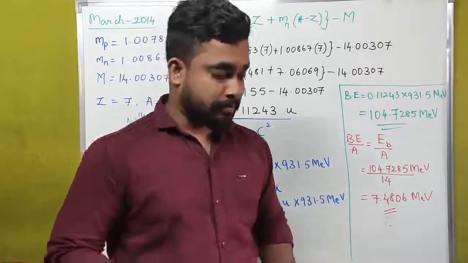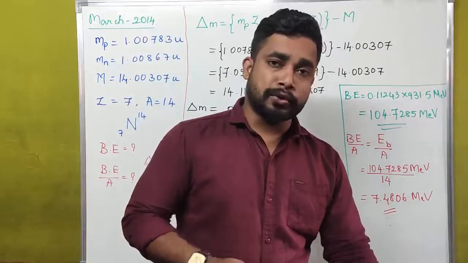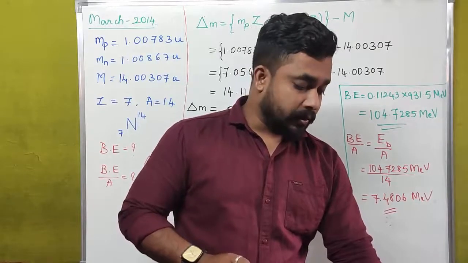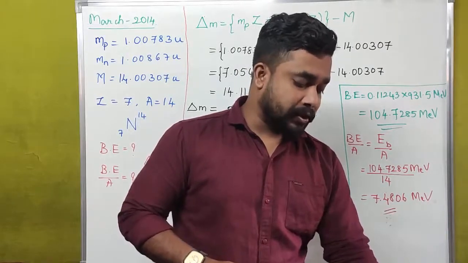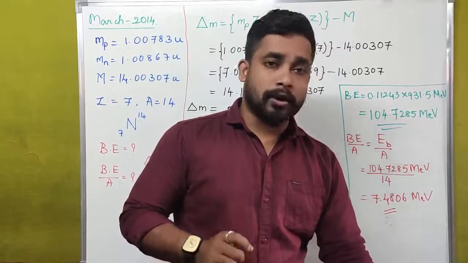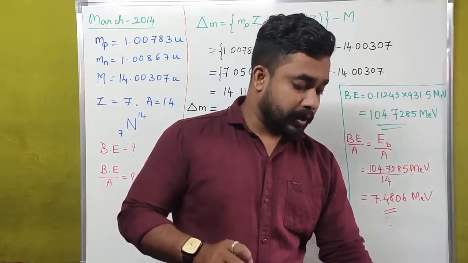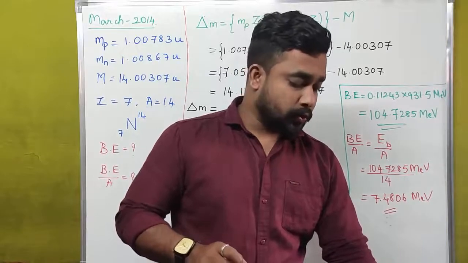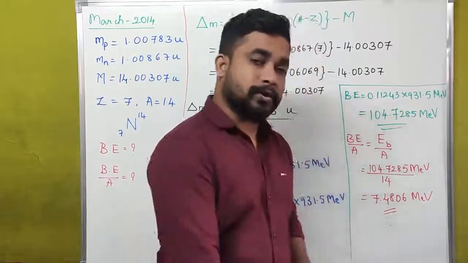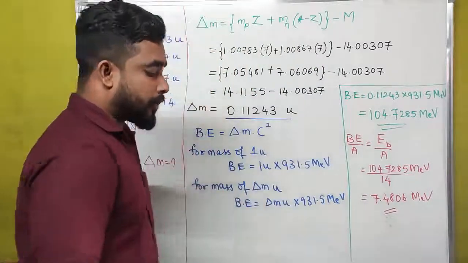Once again I am going to explain the problem. When a neutron bombards uranium-235, the fission fragments released are barium-141 and krypton-92. Find the radii of the nuclei of these two fragments. R0 is equal to 1.3 Fermi.